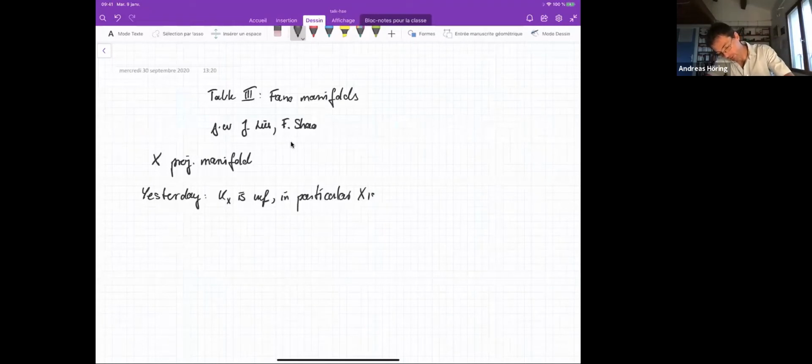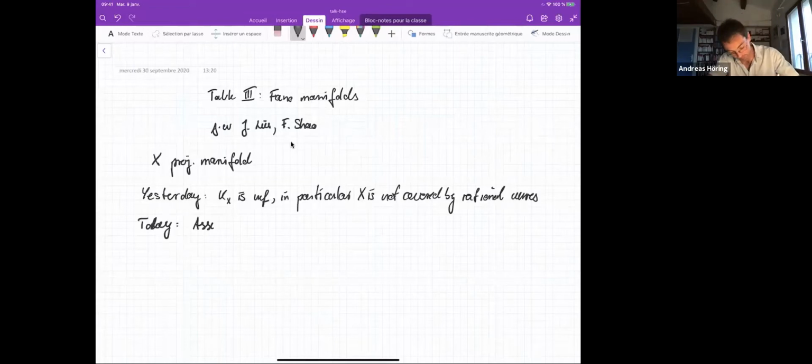That was the situation yesterday: we looked at K_X nef, in particular elliptic surfaces. And today I want to go to the opposite side. I will assume that X is Fano, so the anticanonical is ample.